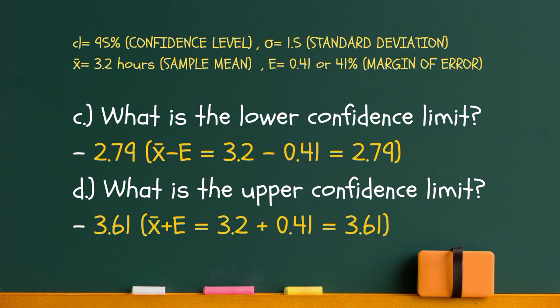D. What is the upper confidence limit? The answer is 3.61. Just like the lower confidence limit, but this time we are adding the sample mean plus the margin of error. That will be 3.2 plus 0.41, so we get 3.61, and that is our upper confidence limit.